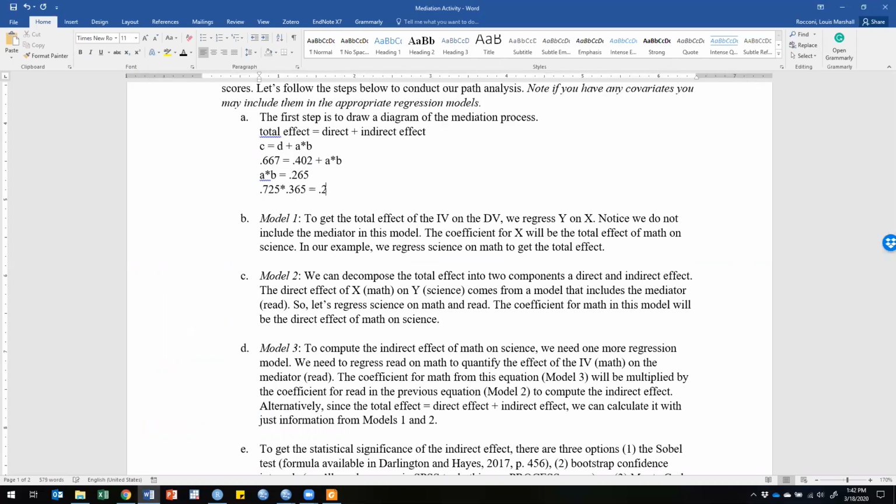And again, we get 0.265. 0.725 times 0.365, and I got 0.264625. So you round that off to 0.265. So round it up and we get the same thing.